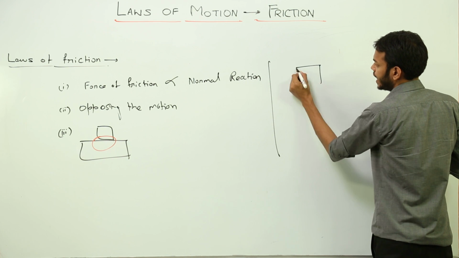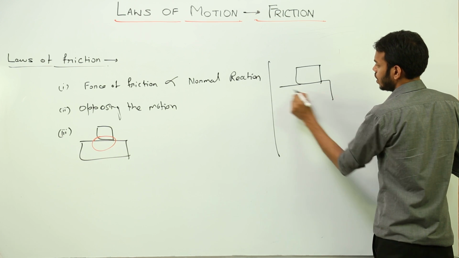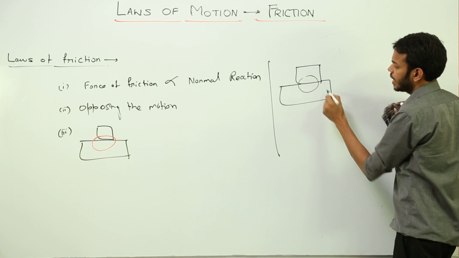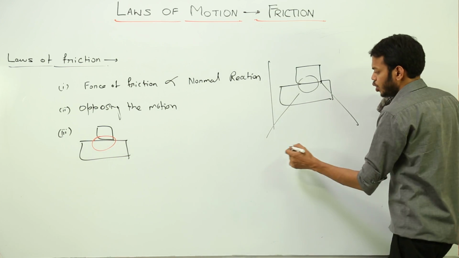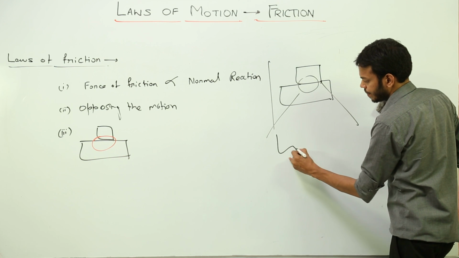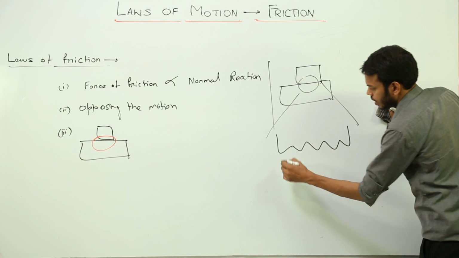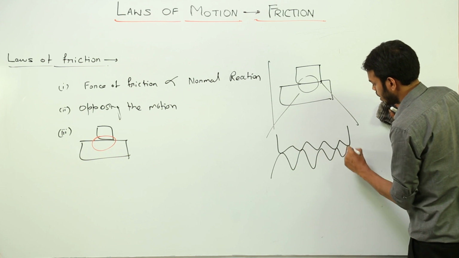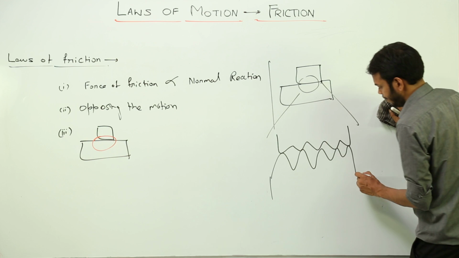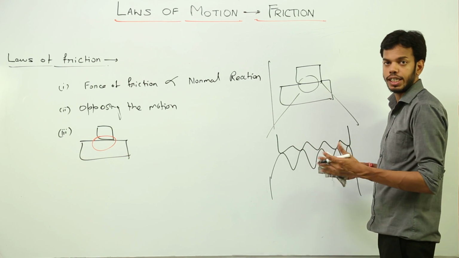Suppose we have two surfaces in contact like this, and if I enlarge it to the microscopic level, consider that these two bodies are like this. The irregularities, I am showing you the actual points of contact. I'll come to the point of polishing in a while.